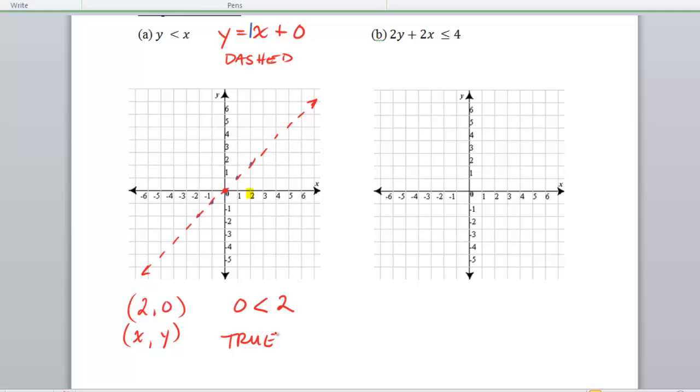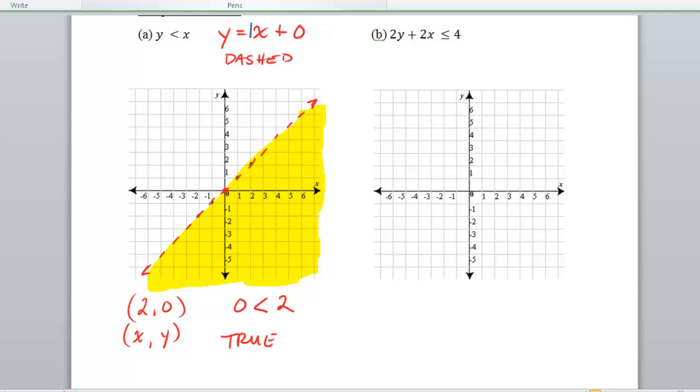It is in the area of solutions that make this true. So I'm going to take my little highlighter function and do the best I can to stay on this side of the line to represent all of the solutions to this inequality. Okay, and so that is the answer to that problem. That graph with the shaded part is the correct answer to graphing this inequality.